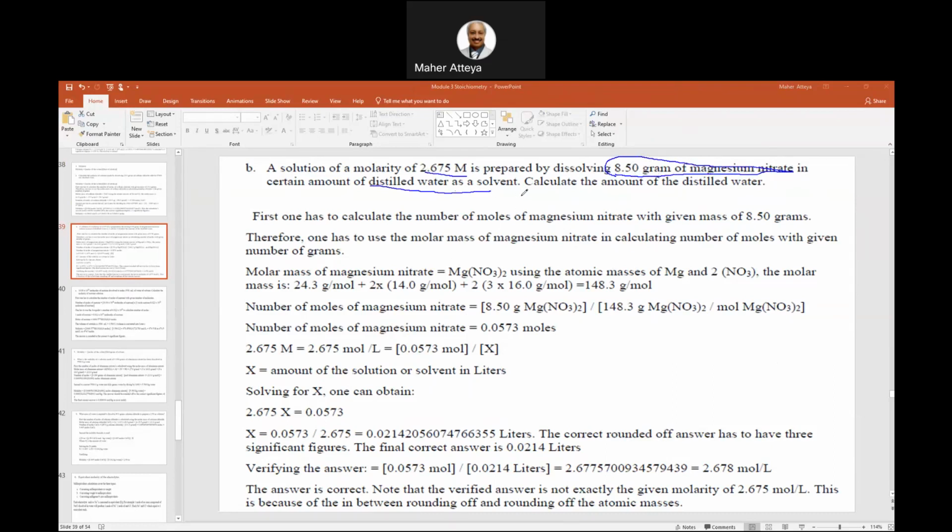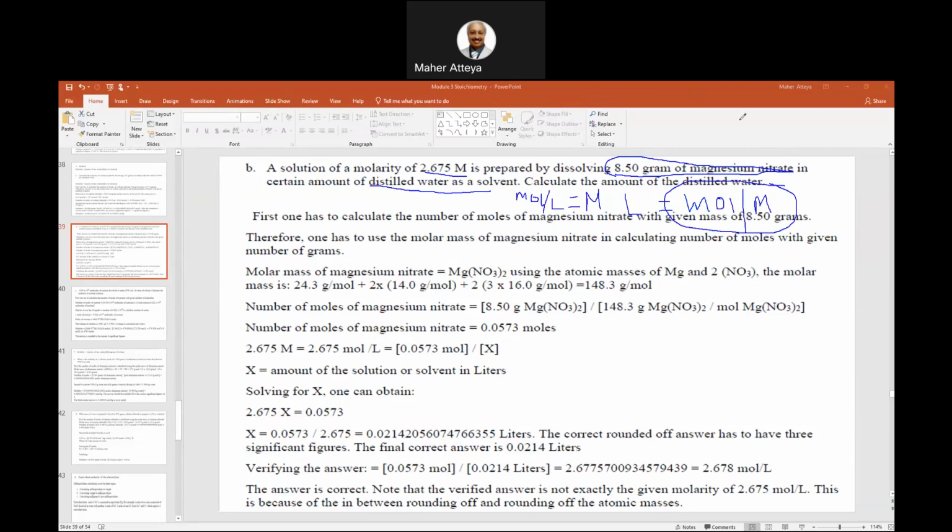So moles per liter equals the big M, molarity. If I want to get liters, liters will be equal to, somebody tell me, moles divided by the molarity. So that's the sub formula we just talked about.